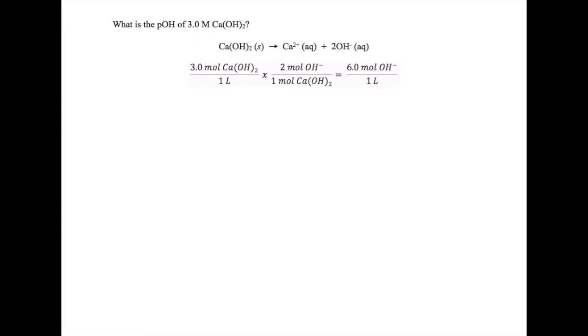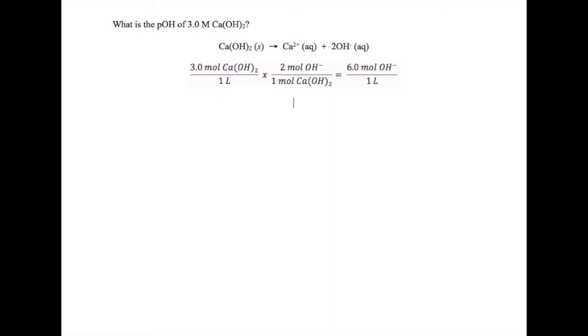And here is the stoichiometry. We start off with the fact that we can break down the 3.0 molarity into 3.0 moles of calcium hydroxide over 1 liter, because that's what molarity means, the number of moles over the number of liters. That's our first fraction. Next, we take a look at the mole-to-mole ratio between calcium hydroxide and the hydroxide ions.